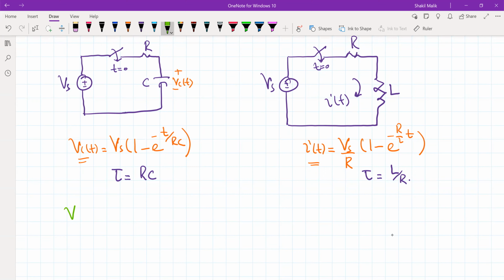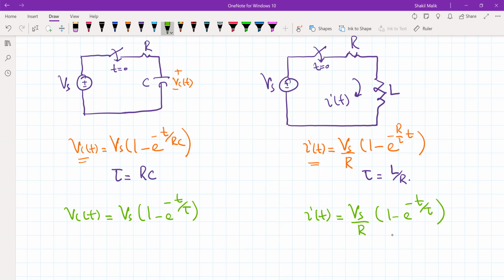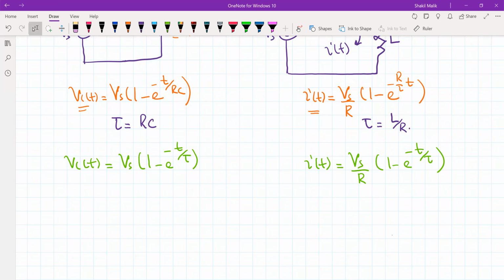We are going to obtain Vc of t is equal to Vs (1 minus e to the power of minus t by tau), and I of t in this RL network will be Vs divided by R (1 minus e to the power of minus t by tau). So this is the capacitor voltage, and this is the inductor current when we connect a source to RC and RL networks respectively.